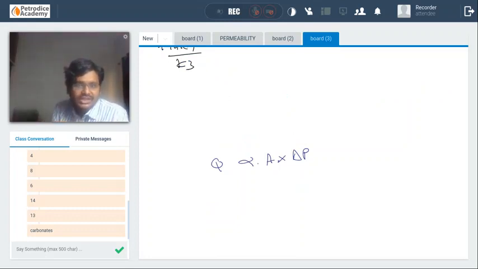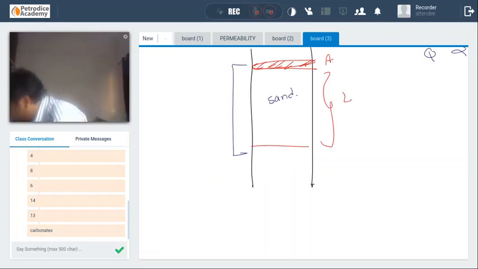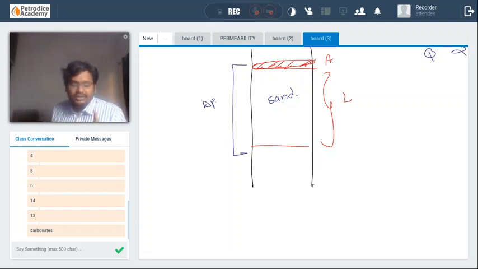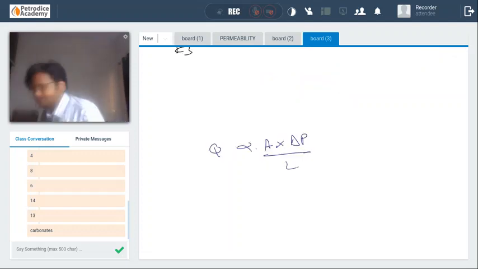As the pressure difference increases, the flow rate also increases. So the flow rate is directly proportional to area and the pressure difference across the sand system, that is delta P, and inversely proportional to L.